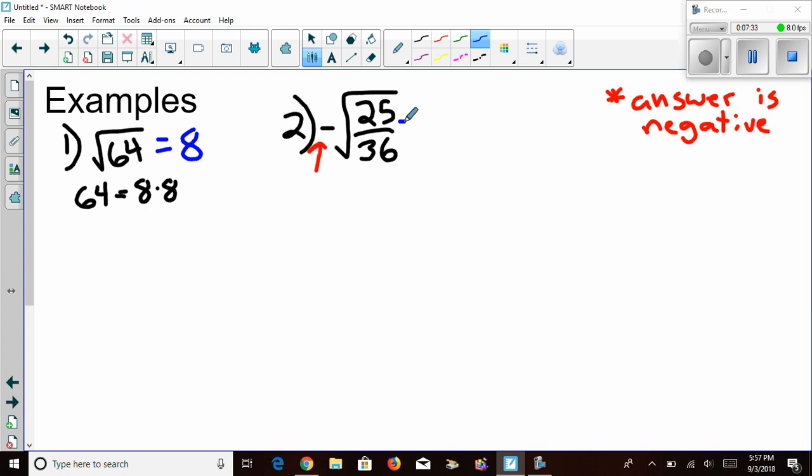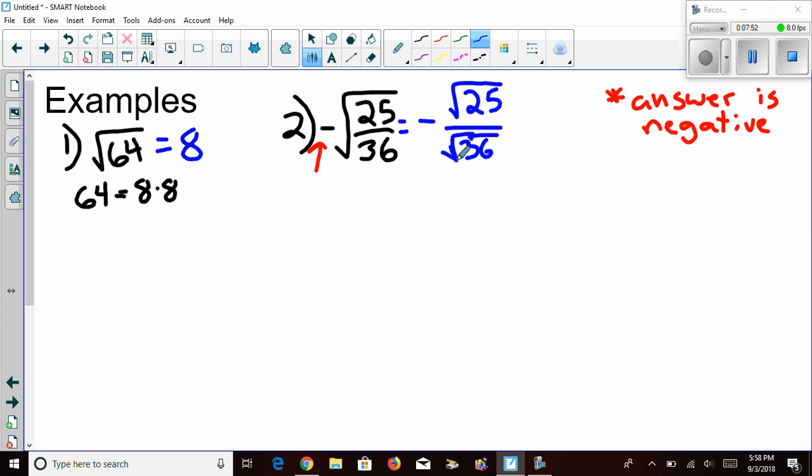So I'm going to go ahead and write that negative again. And I want to break this down. To find the square root of a fraction, I'm going to look at the square root of the top and the square root of the bottom.